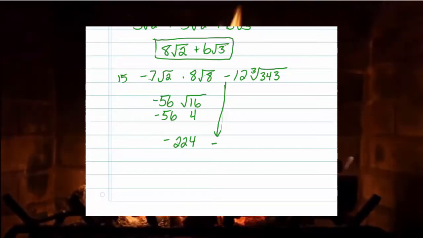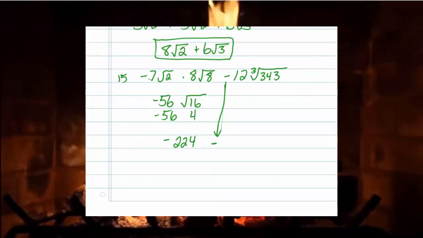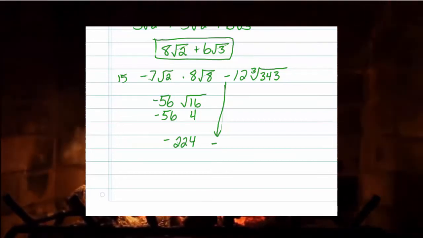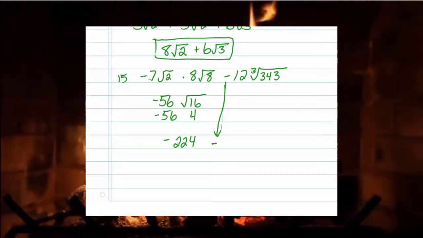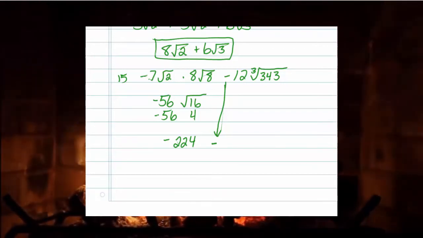Now, 343 may not be the most obvious cubed root, and it may not even be the most obvious prime factorization. It may take doing a little mental math and figuring out what's the first prime number that goes into it. The first prime number that goes into 343 is 7.